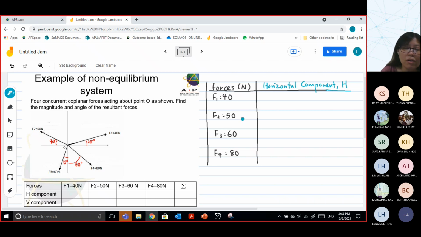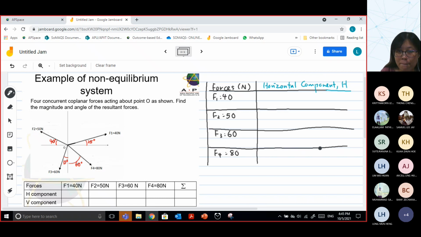And the last column is the total. Okay, so now start with the first one.